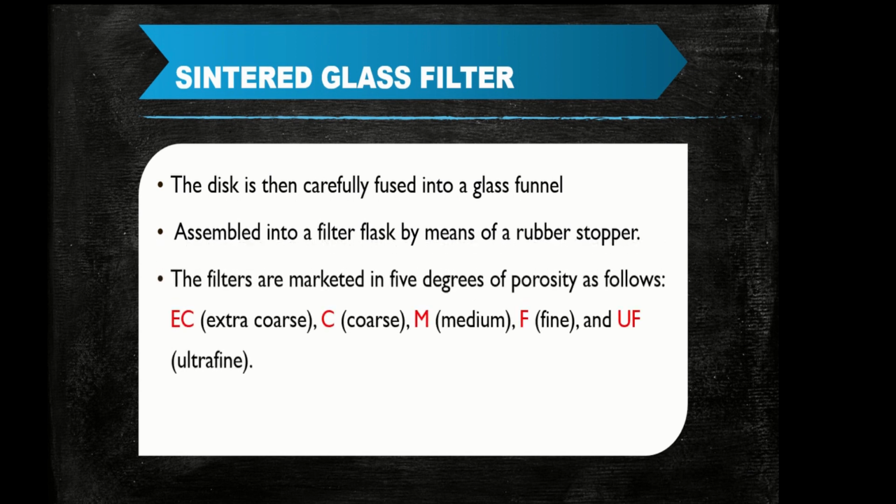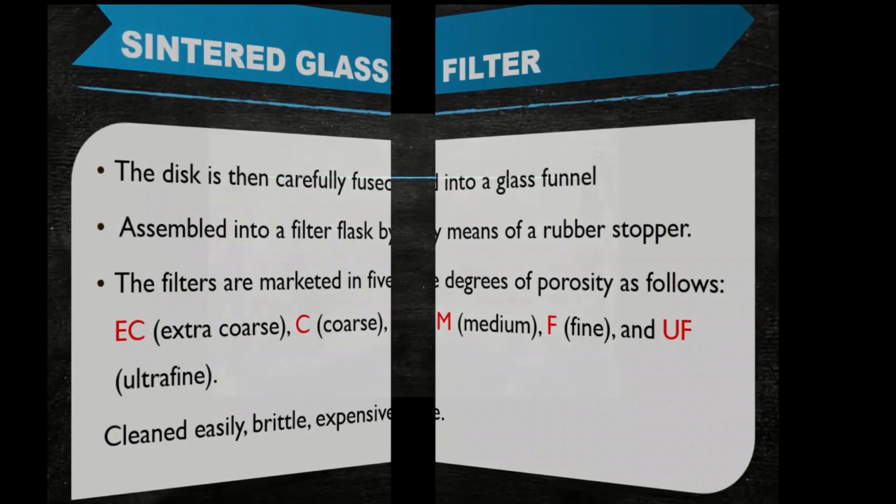These filters are also marketed in various degrees of porosity. This can be seen as EC for extra coarse, C for coarse, M for medium, F for fine, and UF for ultra fine. So it is graded as EC, C, M, F and UF, and it is easily cleaned and it is expensive.